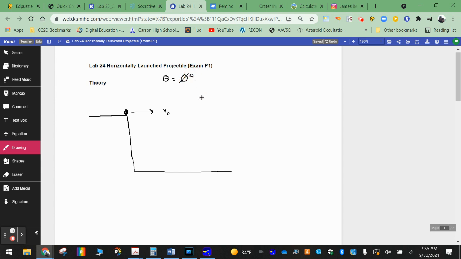Excellent. Now, before we start any projectile motion problem, what's the first thing we should always do? We want to find the components? Yes, we want to find the components. So we want to find VOX, and we also want to find VOY.